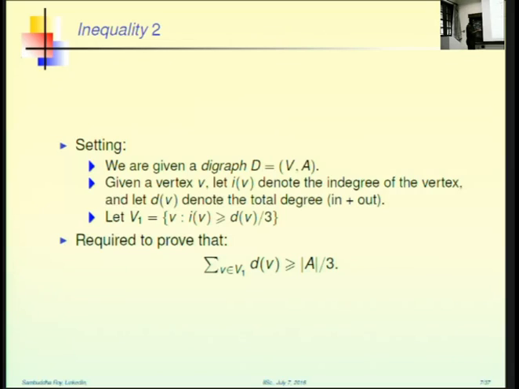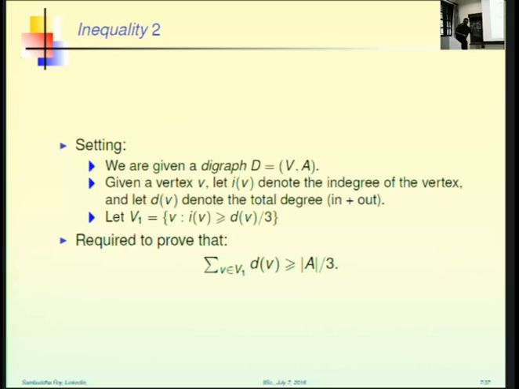So if you want to do a very dumb calculation, what you can surely do is replace this summation over these special vertices of D of V by the summation over those same vertices of the in degrees, summation IV. That would give me, again, the summation over V in V1 of dV, now with a by 3. So that's not very useful.